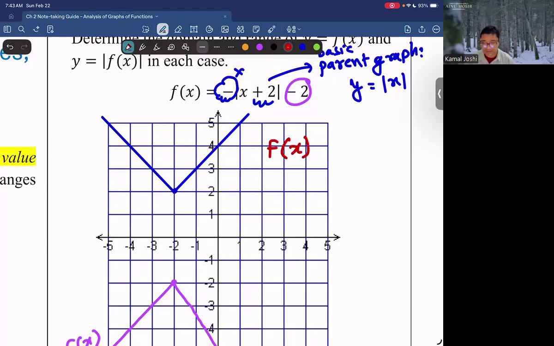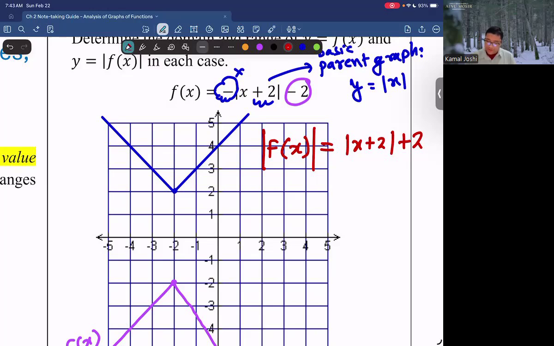The equation of the absolute value of f of x will be the absolute value function which has been shifted 2 units to the left. That did not change. It's no longer reflected, so no minus sign, and shifted 2 units up. So plus 2.